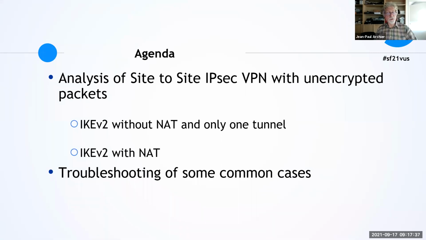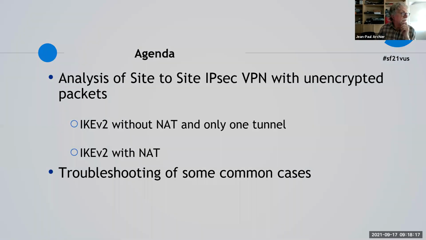We will also look at some cases where troubleshooting is possible with Wireshark. For all these cases, I will use both unencrypted and encrypted packets to compare what we can find in the packets when they are encrypted, and what we can find in them after deciphering.